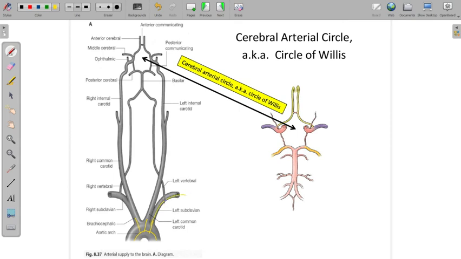And here is the left vertebral. So the vertebral arteries, both right and left, come off of the subclavian. Okay, so we just follow those all the way up, the right and the left vertebral arteries, and they then merge here, and they fuse into this basilar artery.